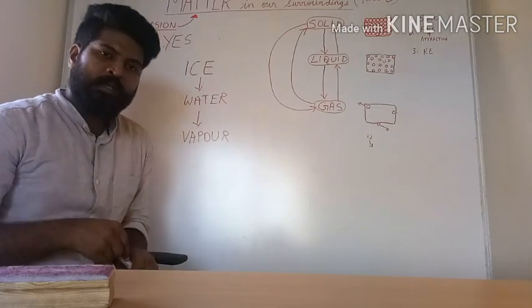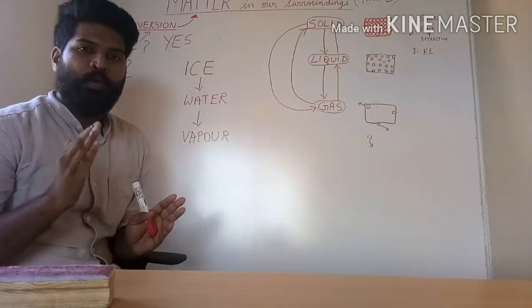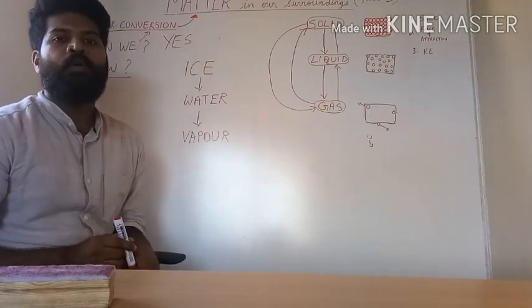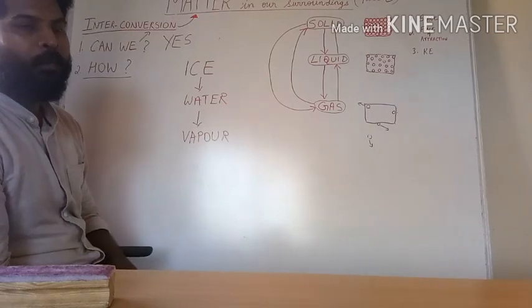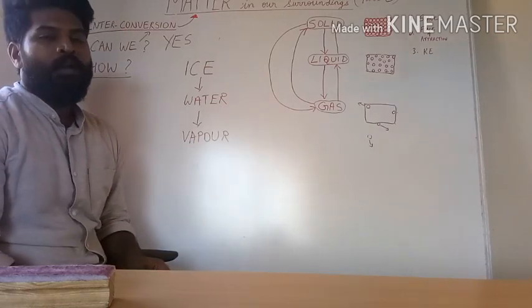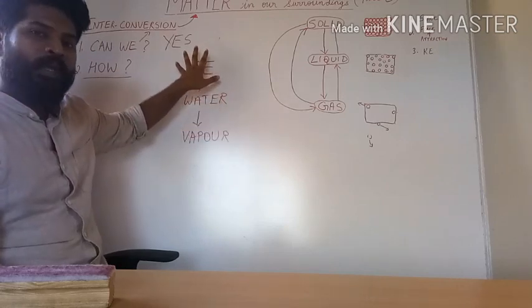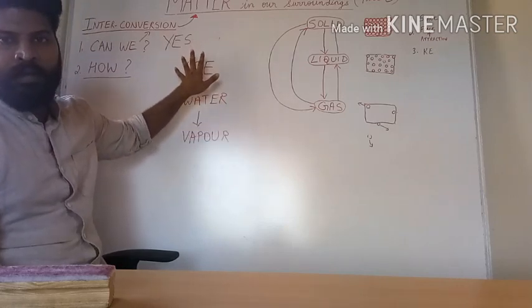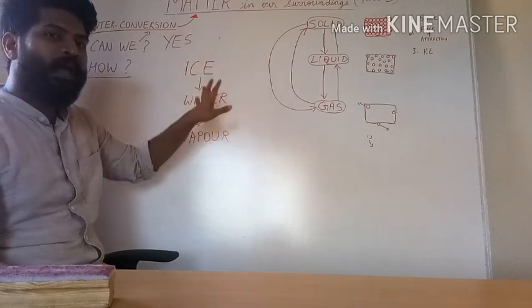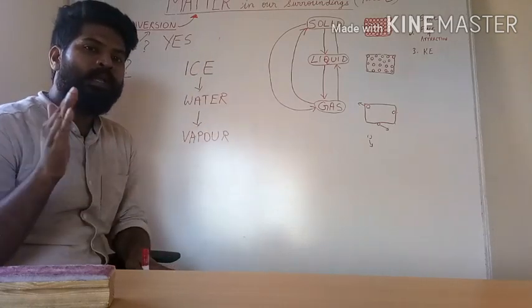So we will take water as an example to explain the phenomenon of interconversion of matter. So water is ice when we keep it in a refrigerator. In a refrigerator, as you know, the temperature is very low.